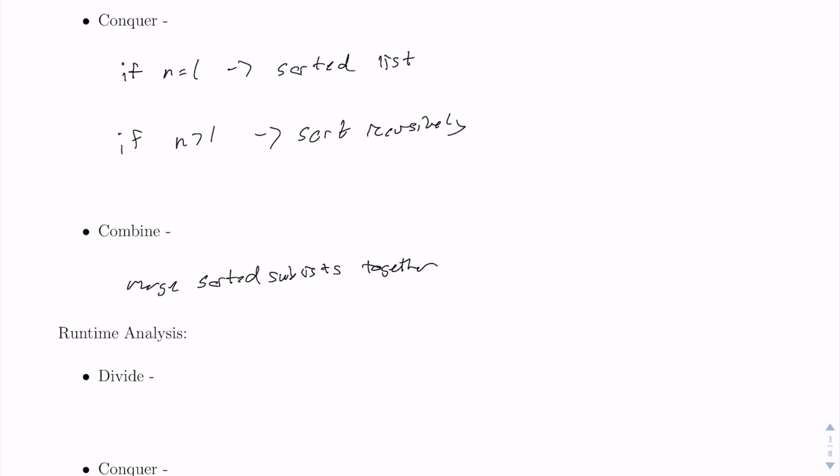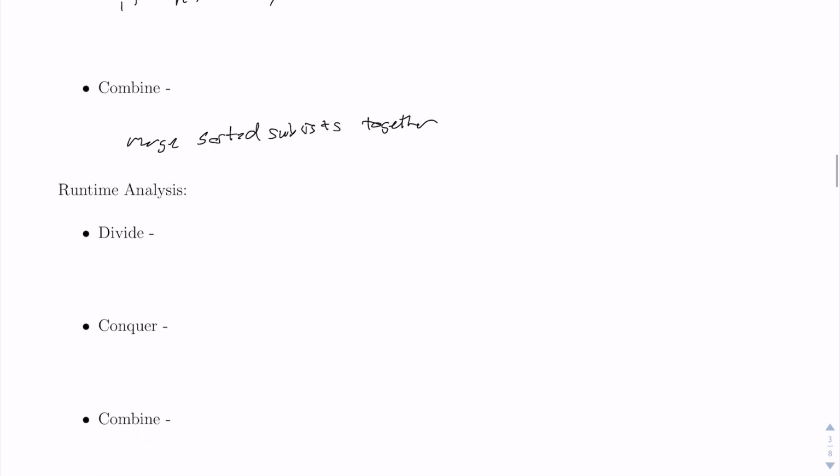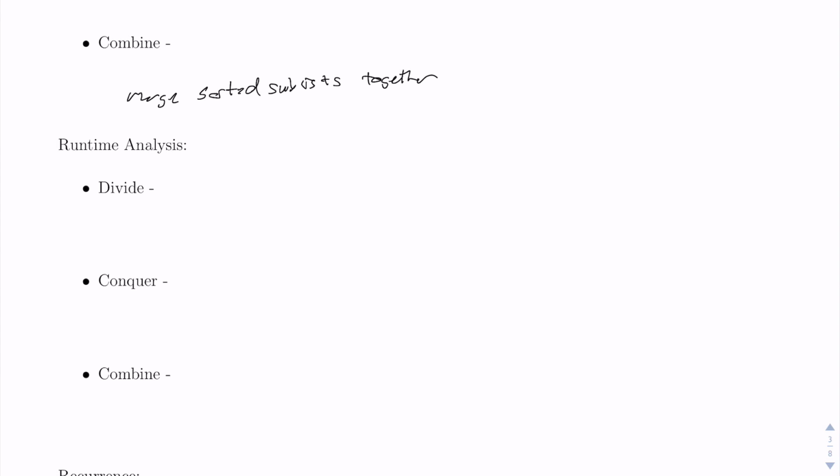Now that we've established what each step is doing, let's look at the runtimes. In merge sort, we're looking at runtime in terms of the number of comparisons between elements. To think about the runtime, it's beneficial to figure out how many comparisons you're doing at each step in order to write out this recurrence. How many comparisons are we doing in our divide step?